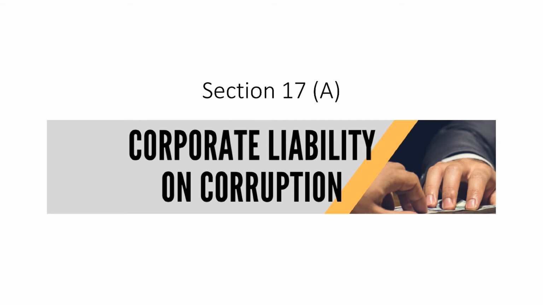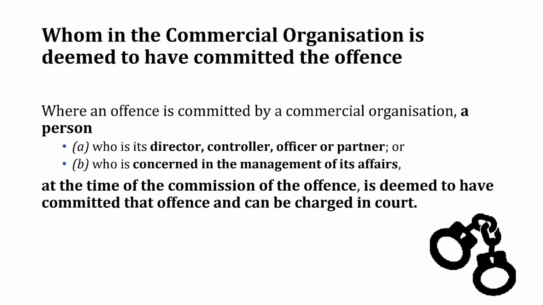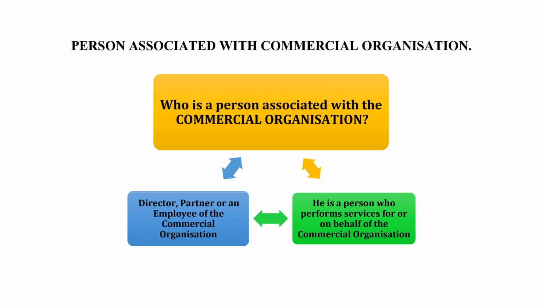This Section 17A, also known as the Corporate Liability Provision, states that where an offence is committed by a commercial organisation, the commercial organisation's directors, controllers, officers, partners, business associates, or any members in the management of the organisation will be deemed to have committed the offence unless he or she or the organisation can prove that the offence was committed without the person's consent.